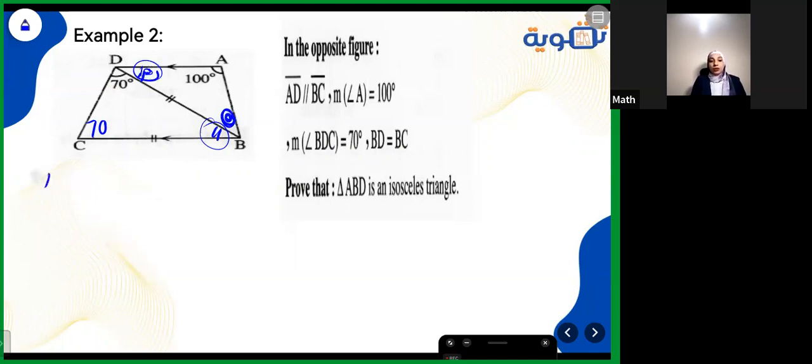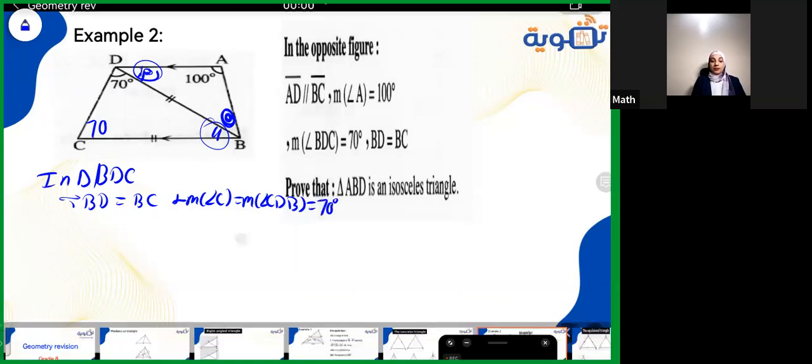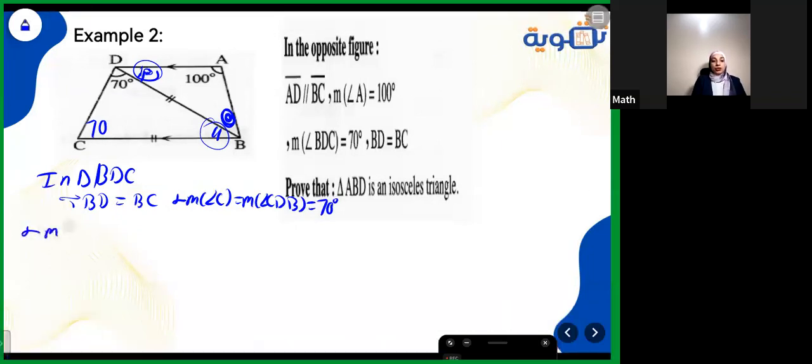So first of all, I will talk about triangle BDC. Since we have BD equals BC, then of course measure angle C equals measure angle CDB, which is 70 degrees. Then measure of angle DBC will be 180 minus 70 plus 70, which equals 140, so the result will be 40 degrees.